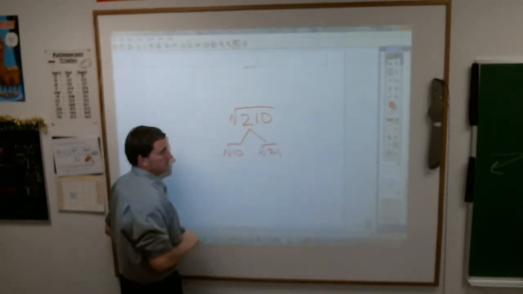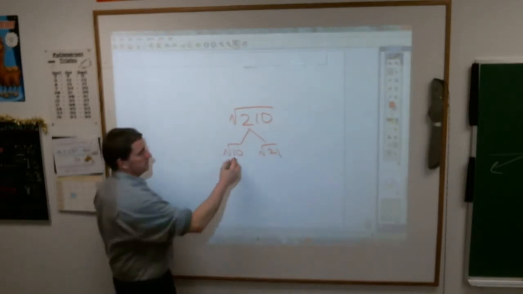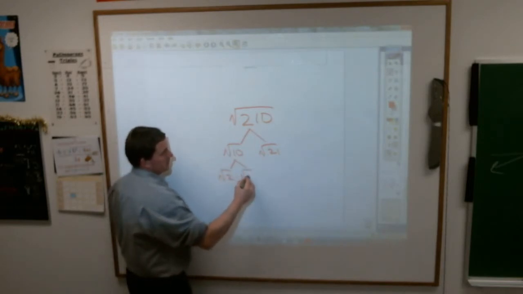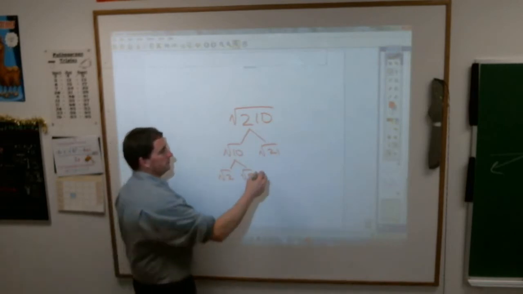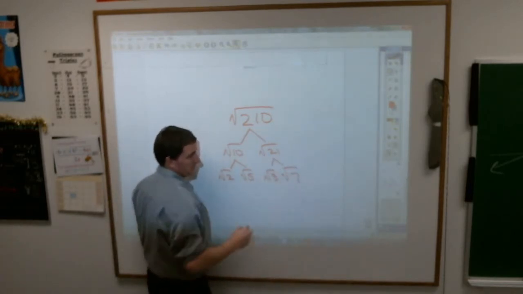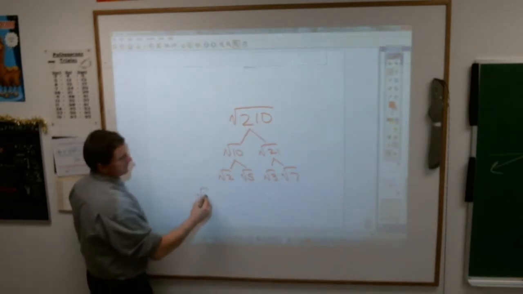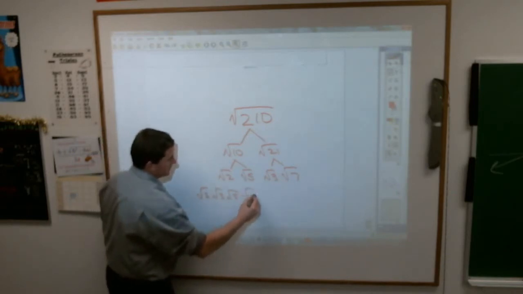Those can be broken down both into what? What is the square root of 10? Gary? 2 and 5. And the square root of 21, Kels? 3 and 7. Writing all those down, I have the square root of 2 times the square root of 3 times the square root of 5 times the square root of 7.